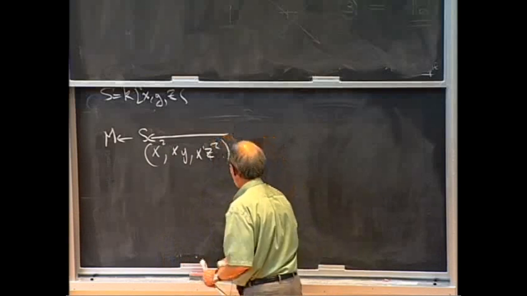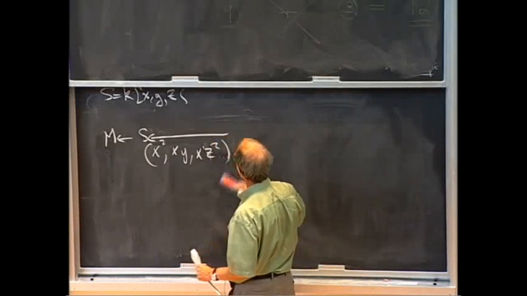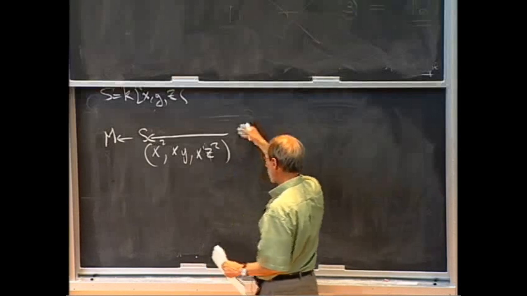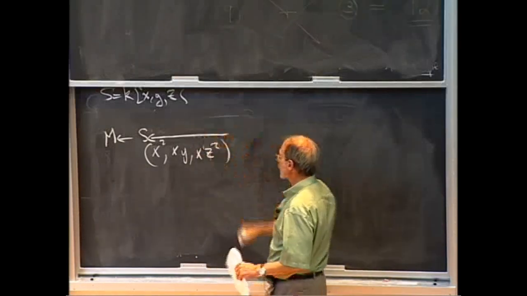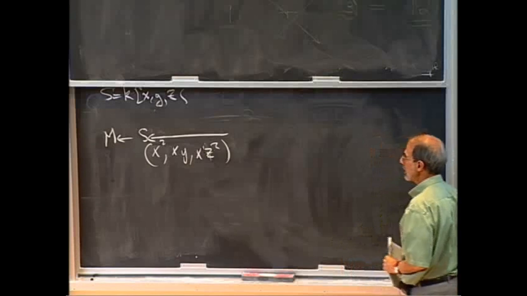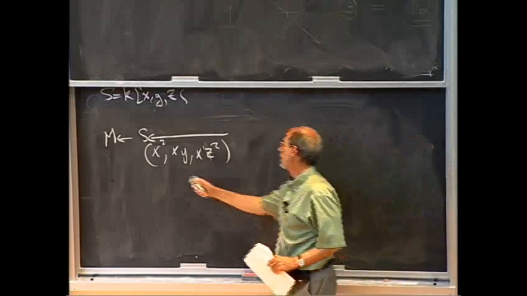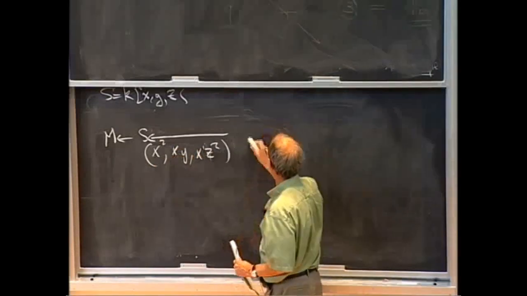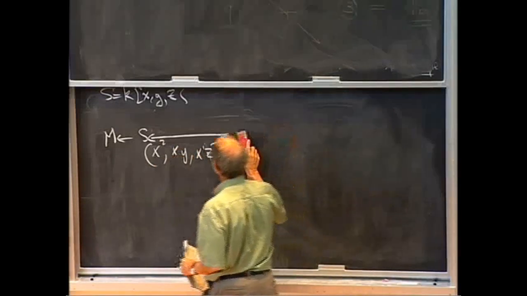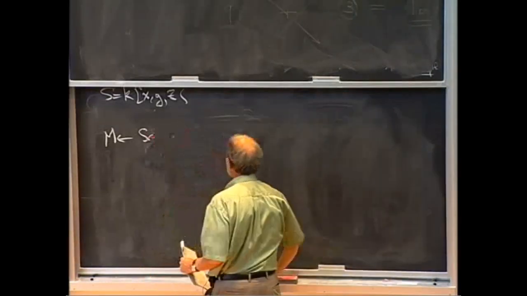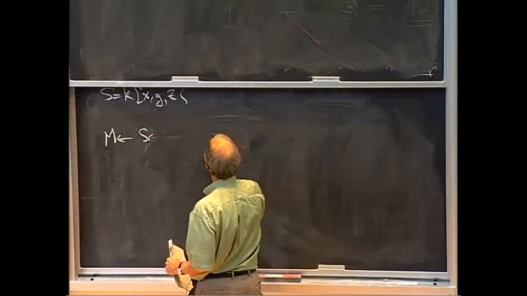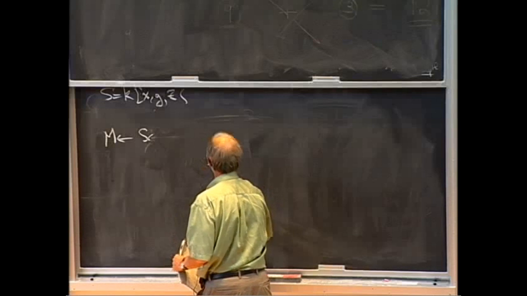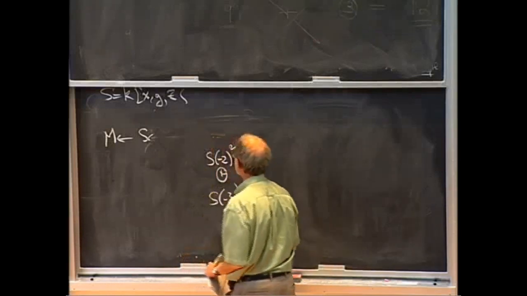And now, in fact, I want to write it a little more cleverly. I want to write here a free module that will map onto this kernel, which is that ideal. And, of course, it should have 3 generators, 2 of them of degree 2 and 1 of degree 3. So I will write the generators of degree 2, for reasons which will be clear in a moment, down here: S(-2) squared plus S(-3).